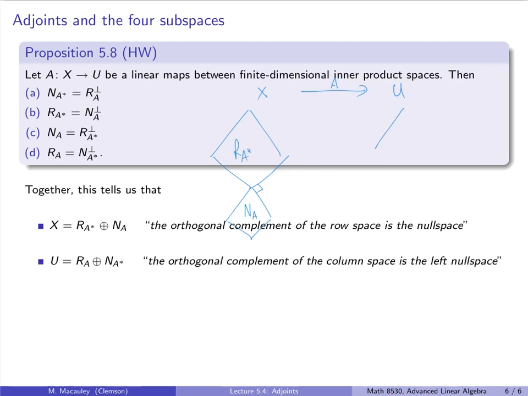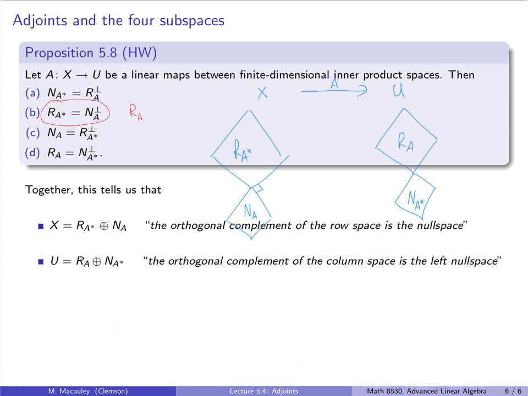And then over here we have the range of A, the column space, which is orthogonal to the left null space, which is the null space of A star. Now I will leave the proofs of these for the homework, but I will say we proved the first one of these in the language of transposes, in that prior lecture on transposes.